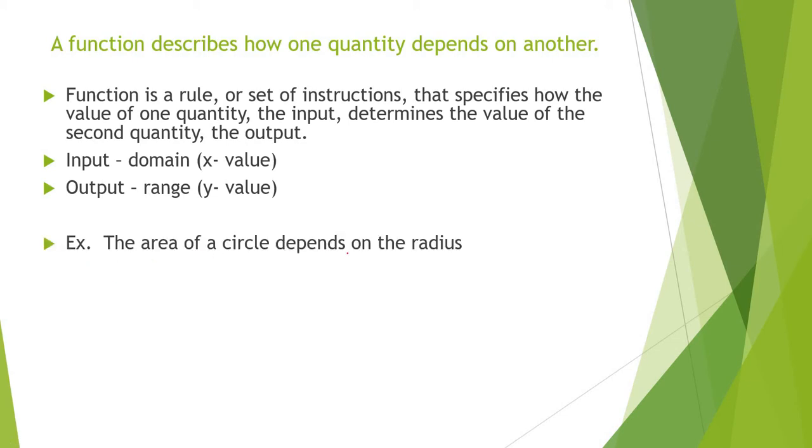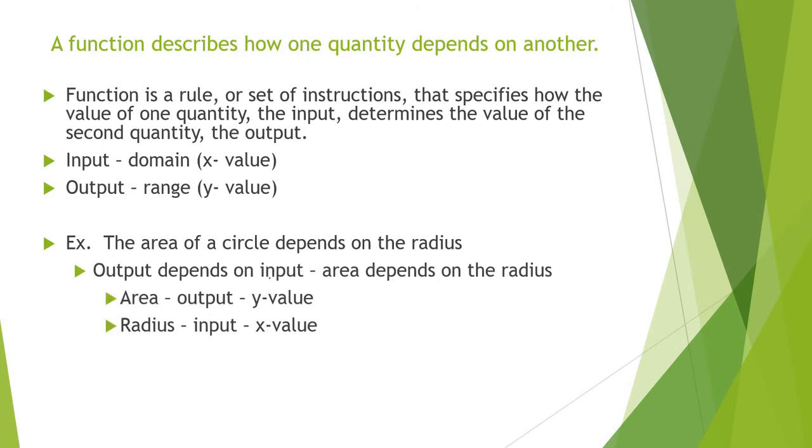Example, the area of a circle depends on the radius. We all know that we can calculate the area of a circle if we are given a radius. So the output here depends on the input. That's always the case. The area in my specific instance depends on the radius. So the area is the output, or the y value, that is determined by putting in the radius, which is our x value.